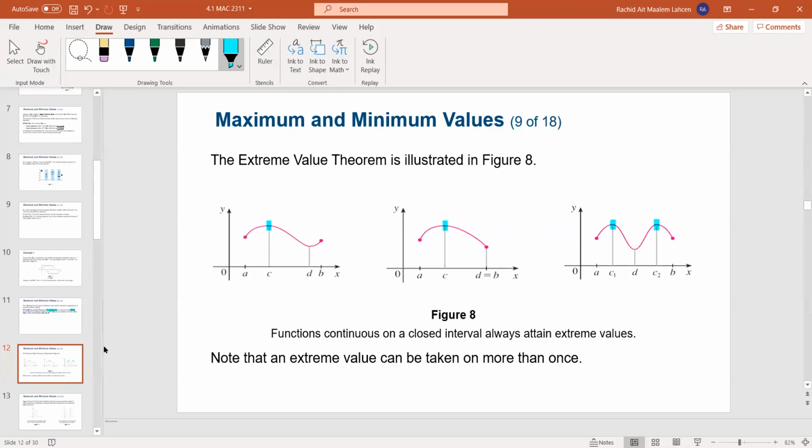Note that an extreme value can be taken on more than once, of course. And in this case, c1 and c2 are local maximum.